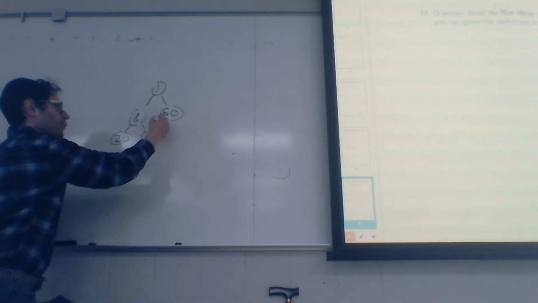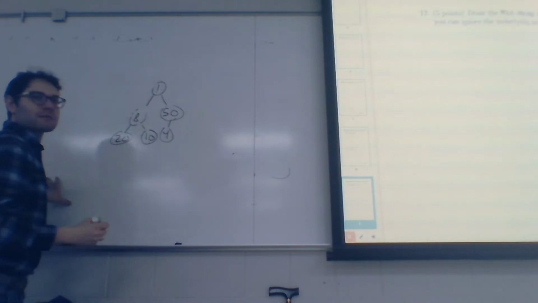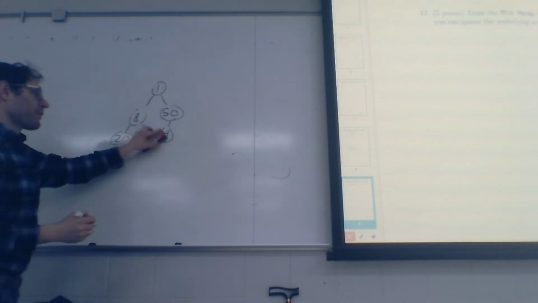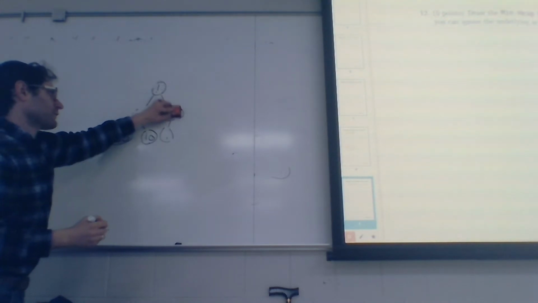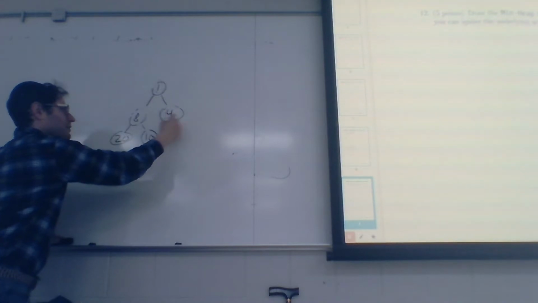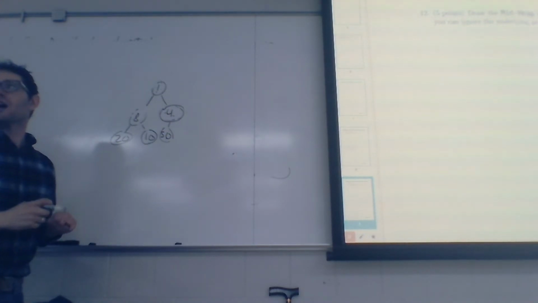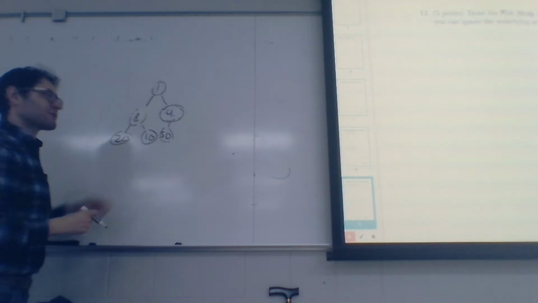Now let's insert 4. 4 is lighter than 50, so 4 bubbles up and swaps with 50. Now we check 4 against 1. Is 4 lighter than 1? No, it's not, so it doesn't bubble up. So we stop here.